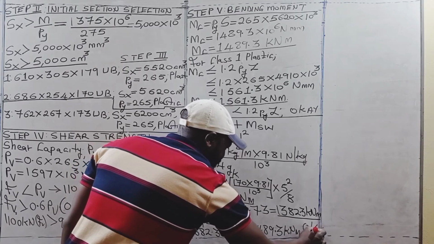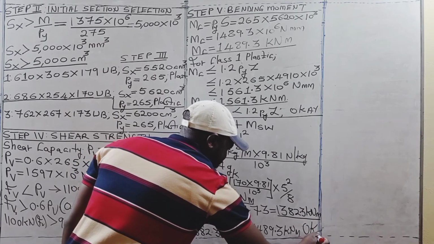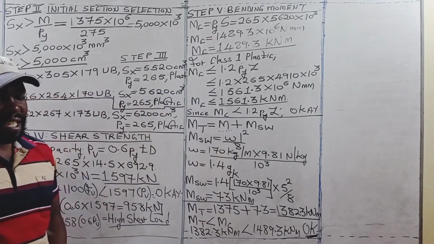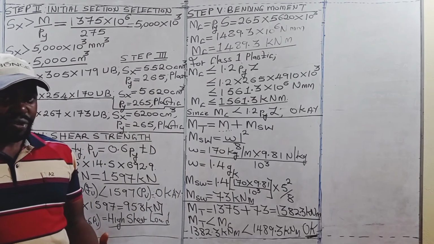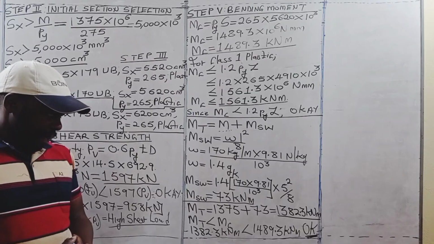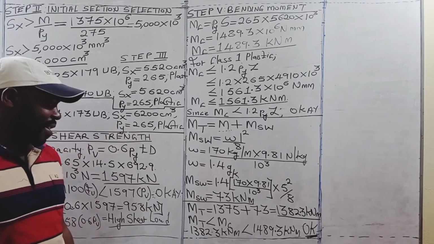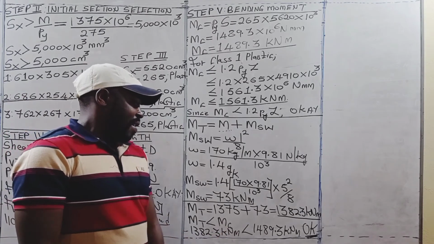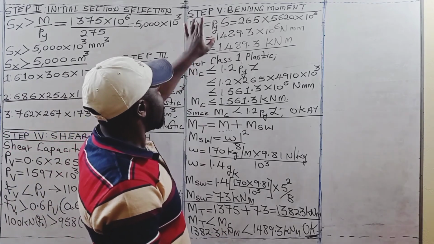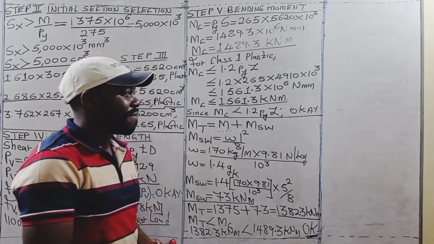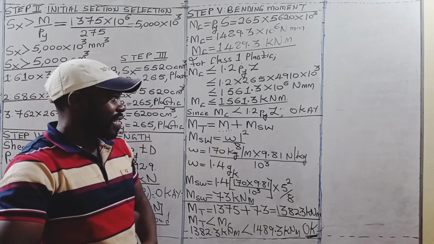Therefore, it means that the section we have selected is very much satisfactory, and it is able to resist any failure due to excessive moment. So we are done with step number 5, bending moment capacity.